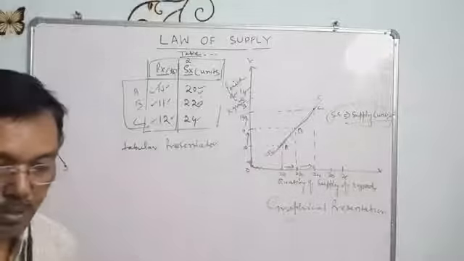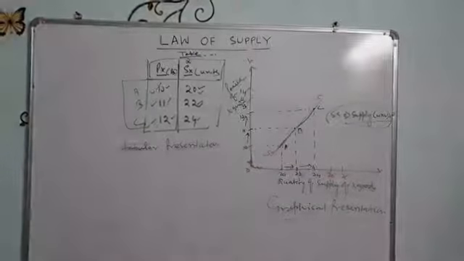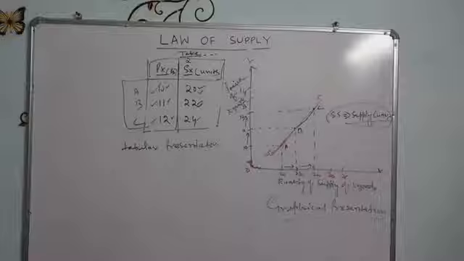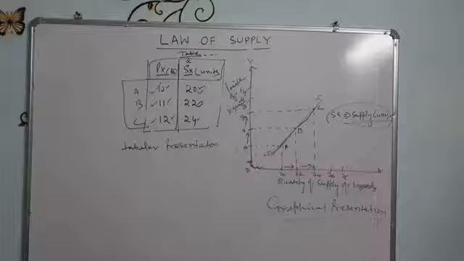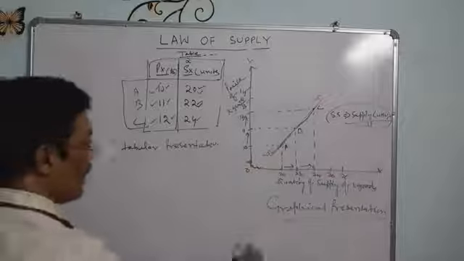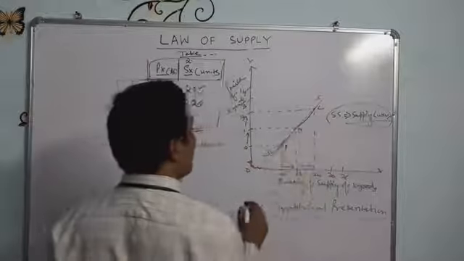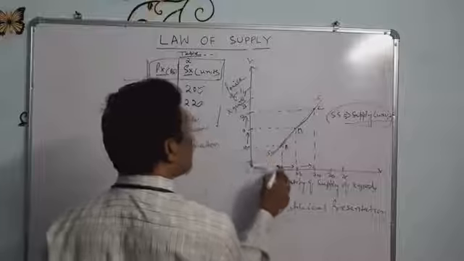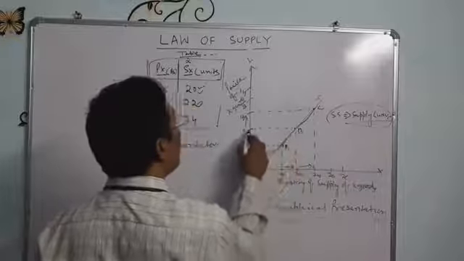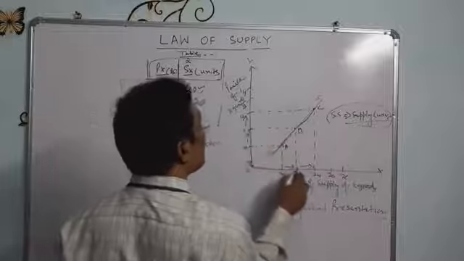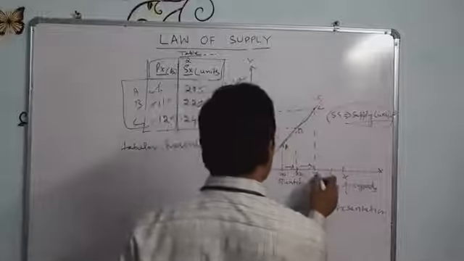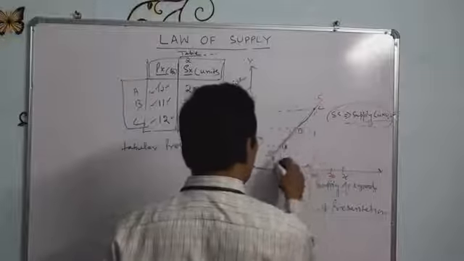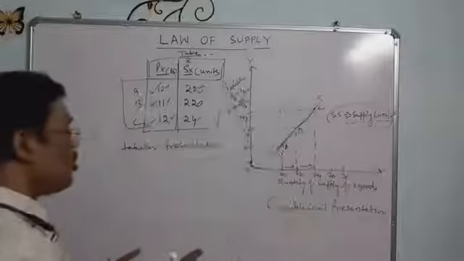So the supply curve is that graphical presentation which shows the relationship between the price of a good and the quantity supplied of a good. That is what points A, B and C are. Point A says that at 10 rupees, 20 units are supplied. Point B says that at 11 rupees, 22 units are supplied. Point C says that at 12 rupees, 24 units are supplied. So when we draw these points A, B, C, that is a graphical presentation.